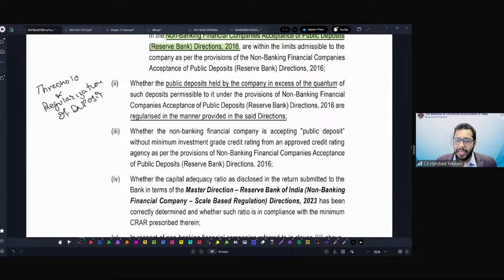These were earlier classifications, but now they have been done away with. It is scale-based regulation now. So NBFC-ND, NDSI, or NBFC-D are not as relevant today.